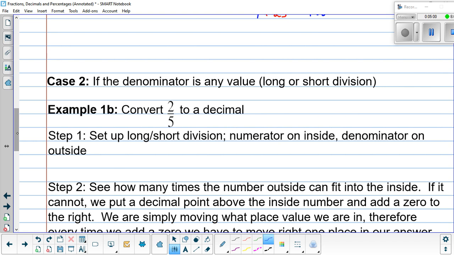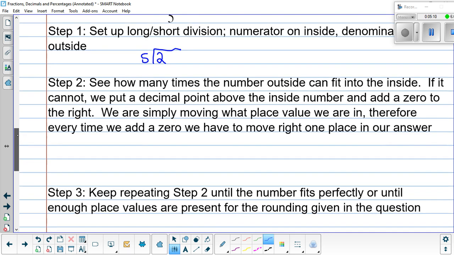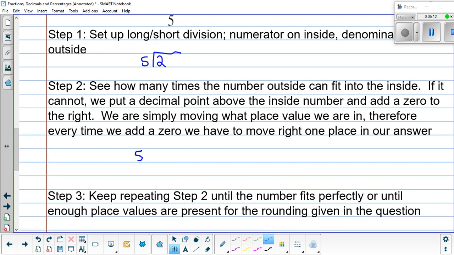So set up a long or short division. Numerator on the inside. So that is our 2 on the inside, and that means 5 is on the outside. If you know what you're doing, ignore what I've written down. If you are really struggling, I'll read it out, and then you can decide if you'd like to copy. See how many times the number outside can fit into the inside.